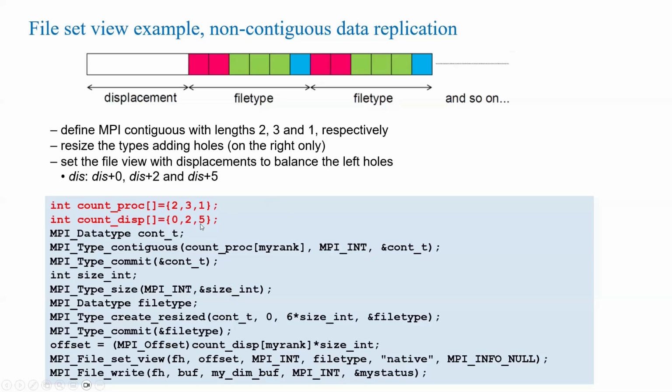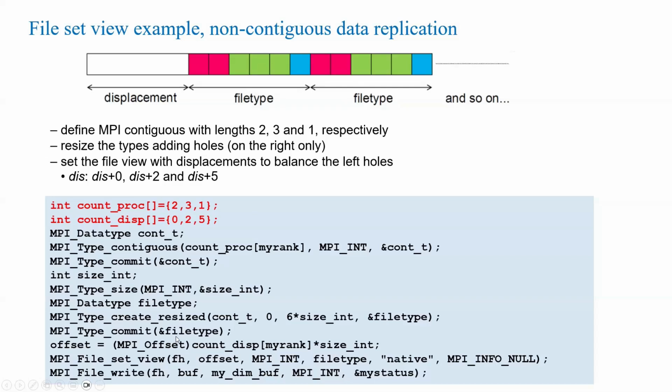And then you can create the count, and create the size, and the total will be 6, right? And each will contain that. You can use this displacement to calculate the offset. And in this case, you actually define your own file type: you define your type and resize it with the count there, and with 6.